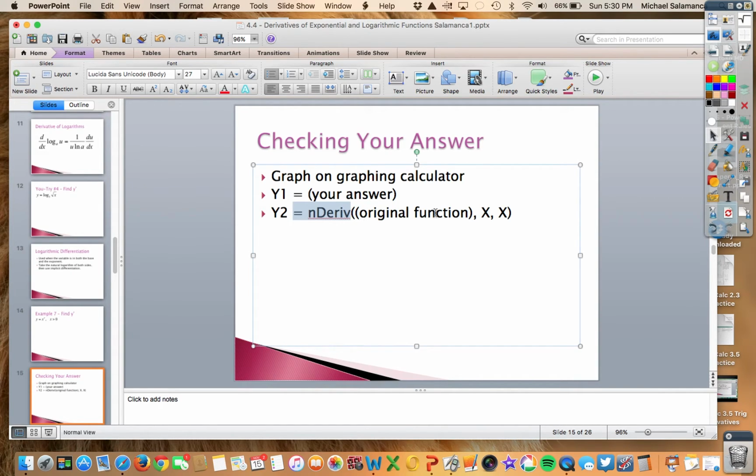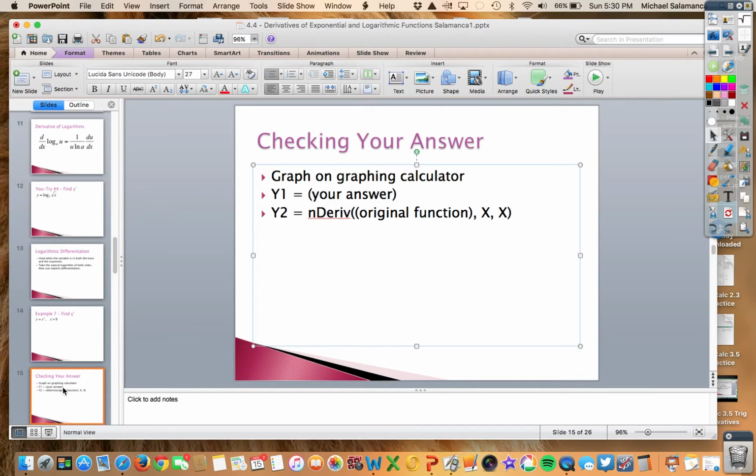You're going to enter in your original function and then fill it in with x comma x. So what you can do from here is look at the graphs and make sure they're the same. Not the biggest fan of that because they could look close but not be the same. So I'm going to have you press second and graph so you can take a look at your table and make sure that the values are the same.